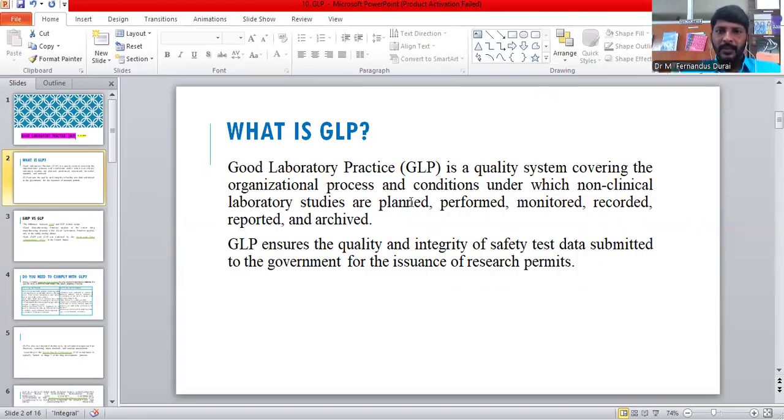Okay, so the GLP ensures the quality and integrity of safety test data submitted to the government for the issuance of research permits. So the GLP only ensures the data which are correct, which are monitored during the test.